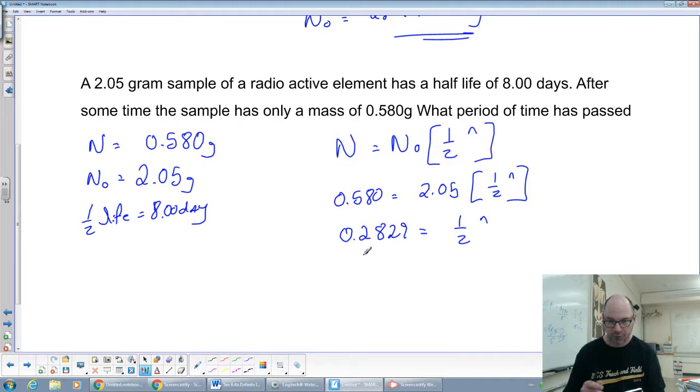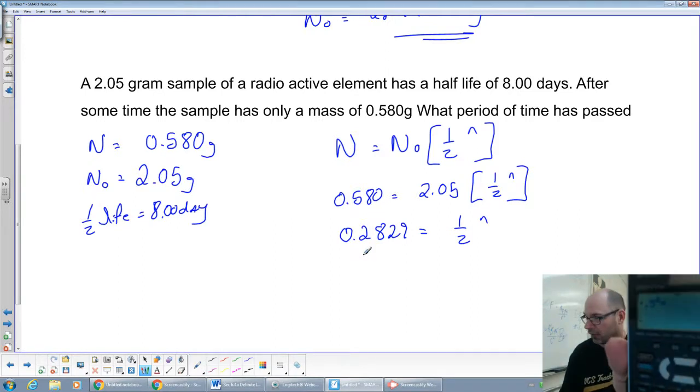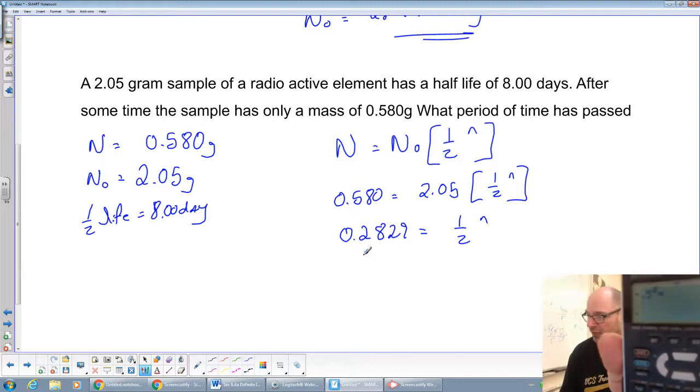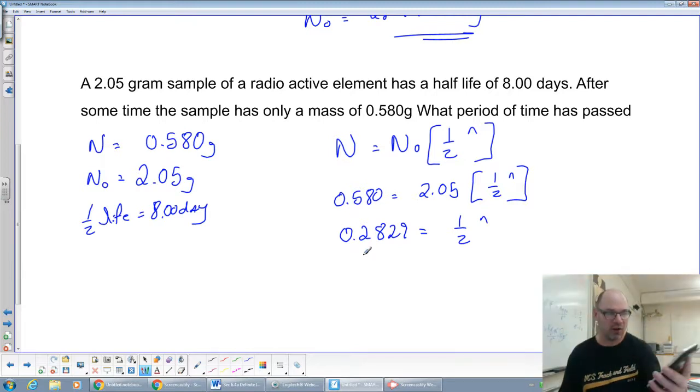So then you would go, okay, maybe 2, 0.5 to the power of 2. A little bit too small. It's close, but not quite there. So then you'd have to go, okay, it's beyond 2, but it's not past that, and you'd have to guess your way to it. But we're going to do it the log way.